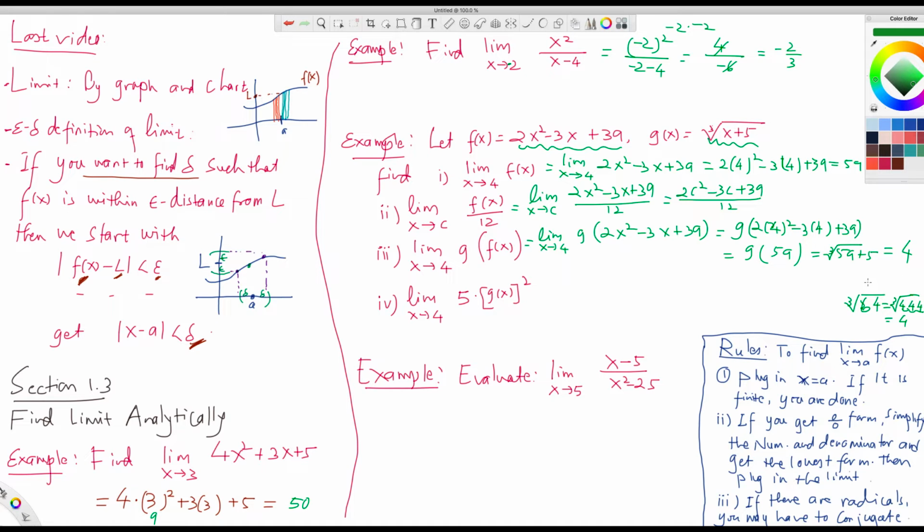You see that? So now the last one is 5 times g(x) squared, but there is a limit. I should not forget the limit there. So let me write down the limit as x tends to 4 of 5 times g(x) squared. Okay, so g(x) is how much? The cube root of x plus 5, and then squared.